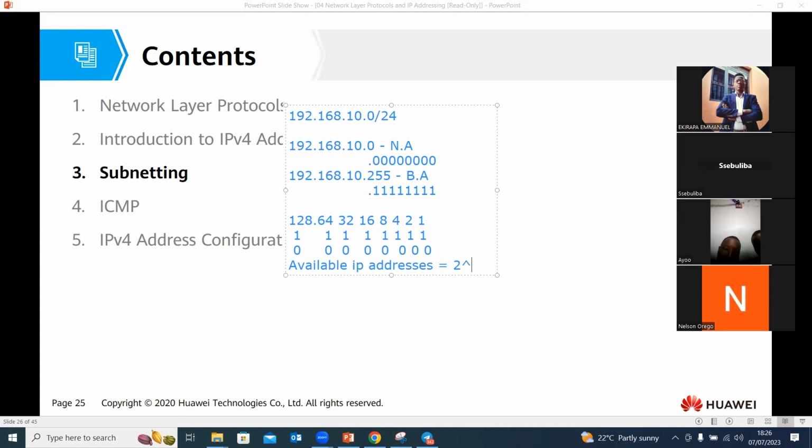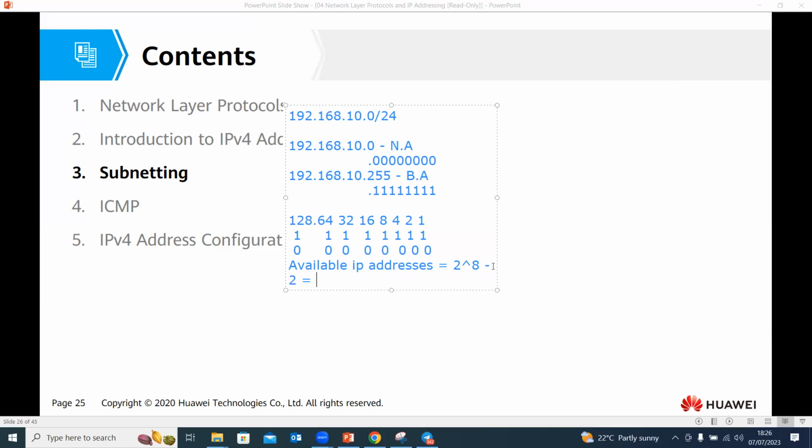2 power 8, minus these ones here which are not needed, the network address and the broadcast address, because they're not used. Remember their function in the previous classes. So minus 2, what do we get? 2 power 8 is what?